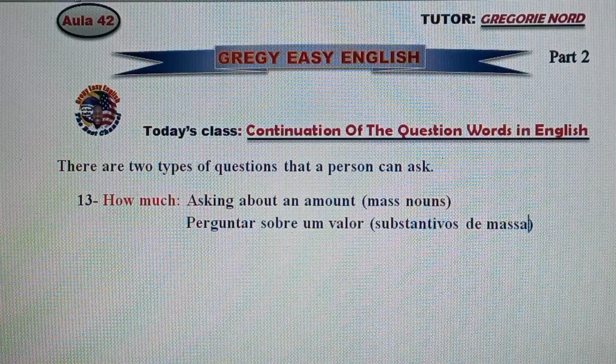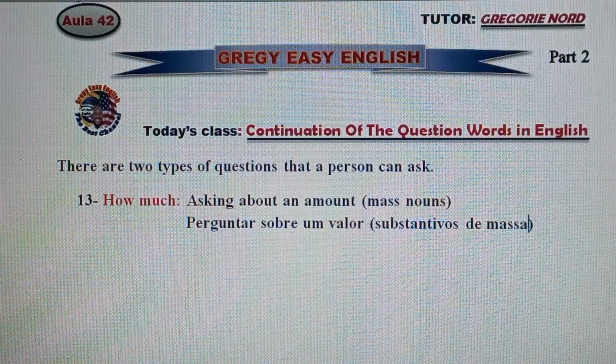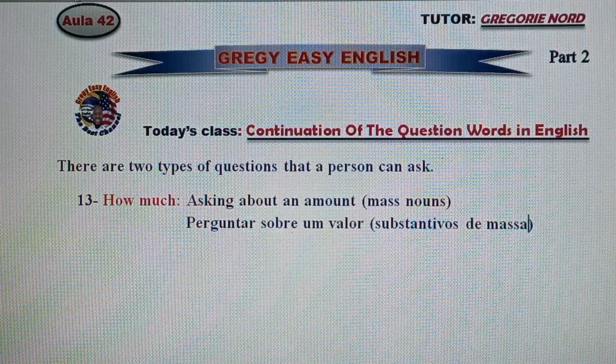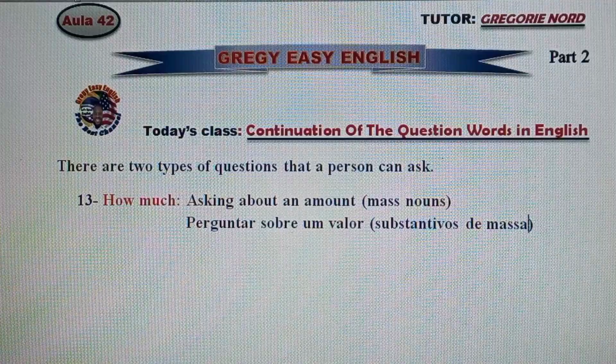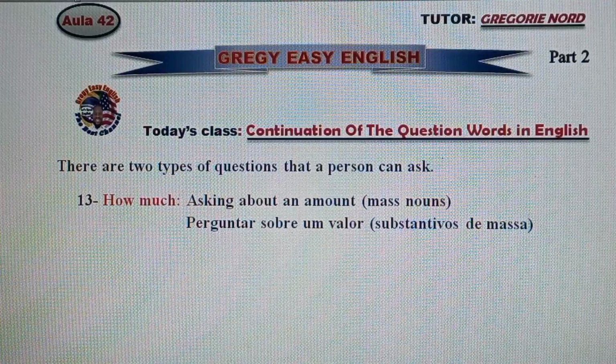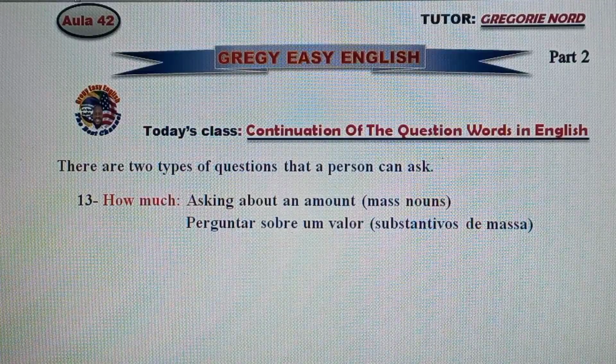Que não dá para falar 1, 2, 3. Beleza, pessoal? Amount, mass nouns. Mass nouns significa substantivos de massa. Uma coisa que não dá para contar. Para falar 1, 2, 3.